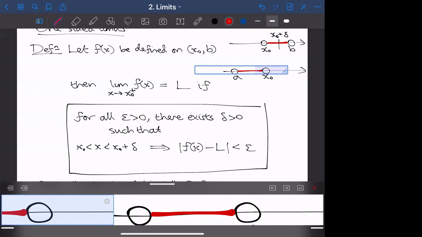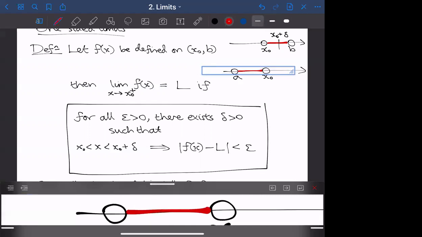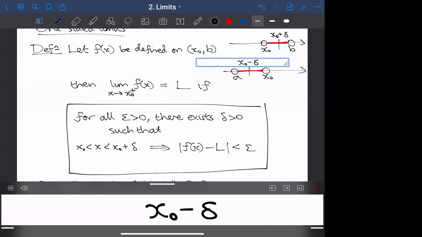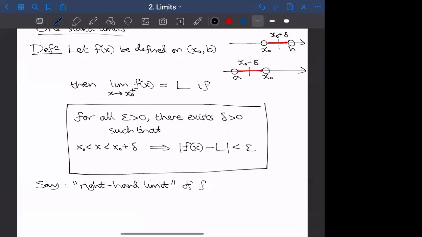And now we're going to take numbers approaching from the left side. So we're going to take x between x0 minus delta and x0.